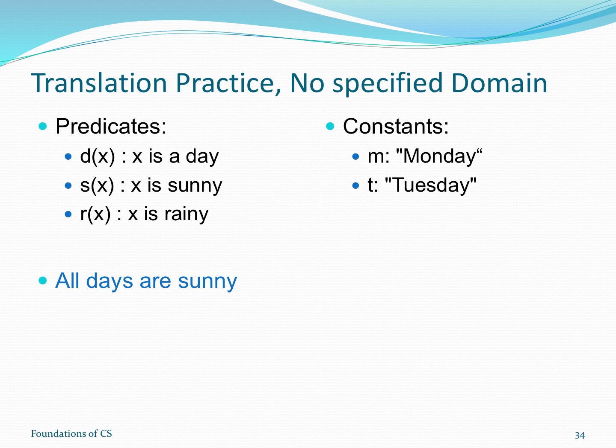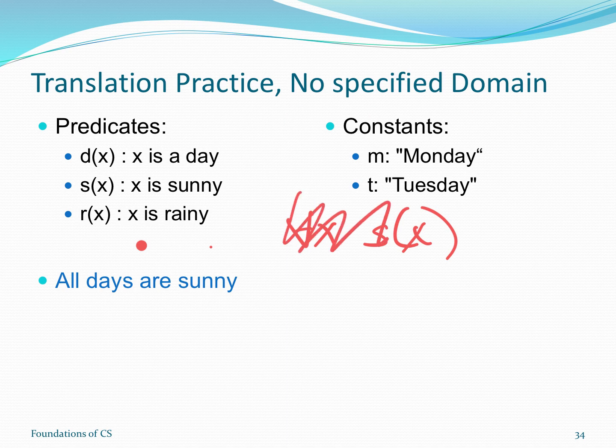What I don't want to say, and maybe I'll do this in red so you can see that it's wrong, is for all x, S of x, because that says everything in my domain is sunny, right? It says that pencils are sunny and flowers are sunny and cars are sunny, right? And we can't say that because I have no specified domain. My domain has everything.